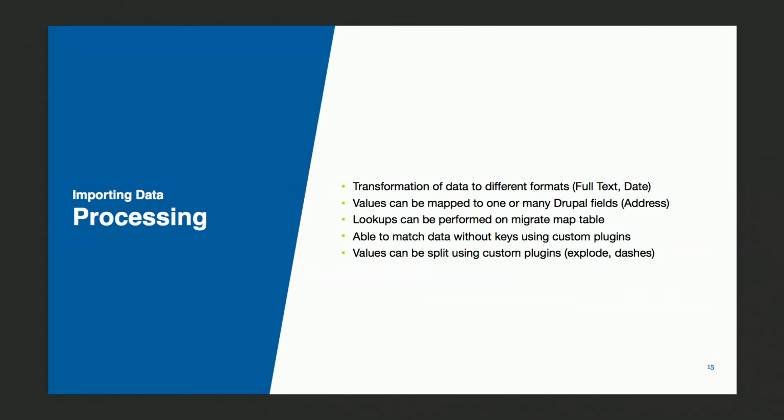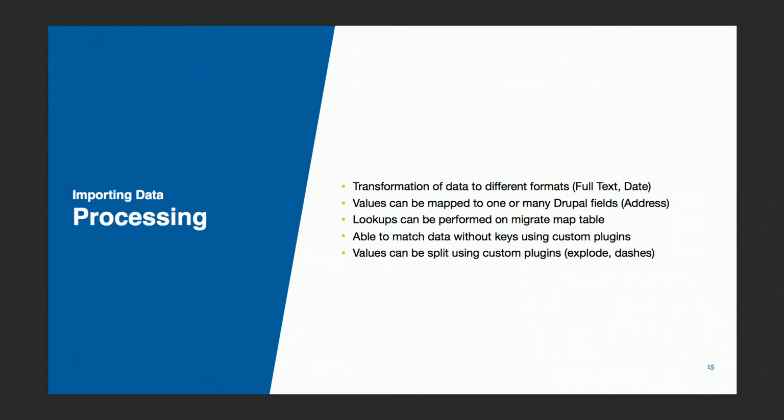So when it does that, you've got a key value for identifying, like a unique identifier for that object. And this isn't the Drupal NID or TID of the content you're creating, but it can be like a legacy ID or whatever you specify in your source plugin.